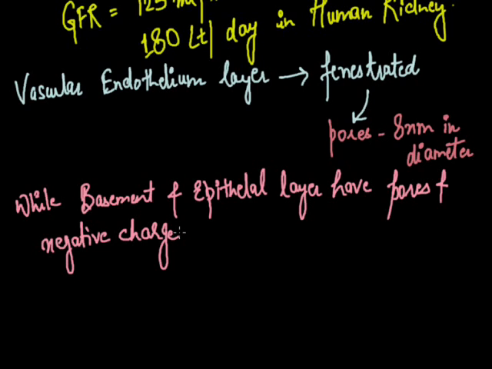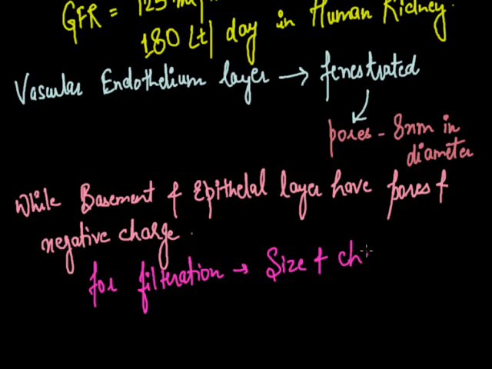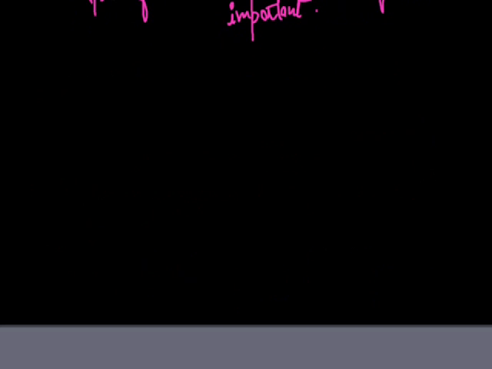The basement membrane and epithelial layer have pores and are negatively charged. That's why for the filtration of a substance, size and charge are the important criteria.